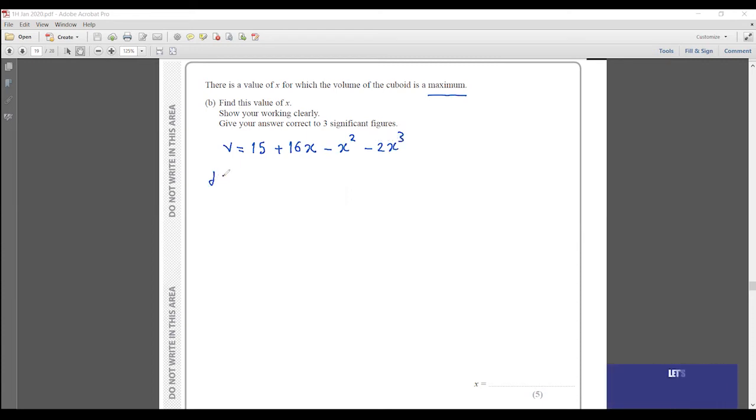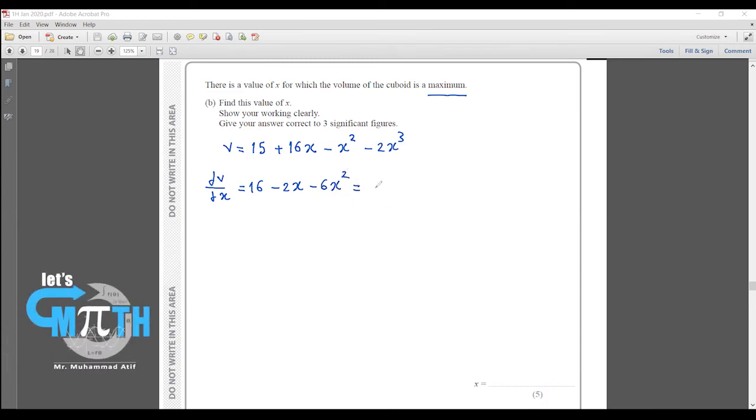The derivative is dV/dx. Differentiation: the derivative of 15 is 0, and this is going to be 16 minus 2x minus 6x to the power of 2, making the derivative equal to 0.